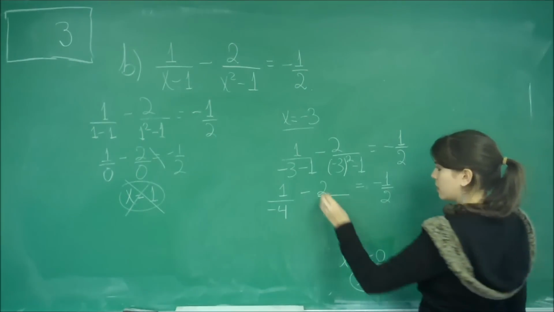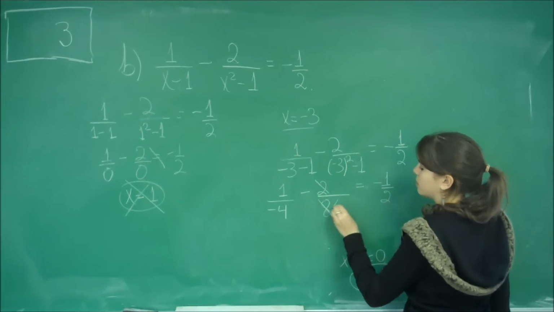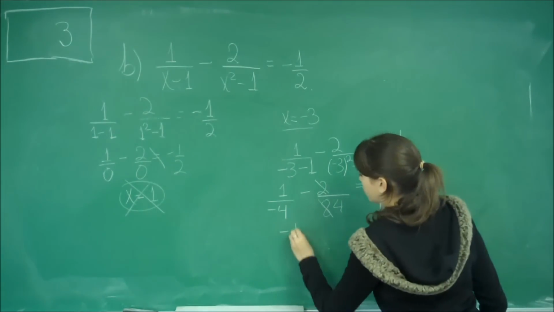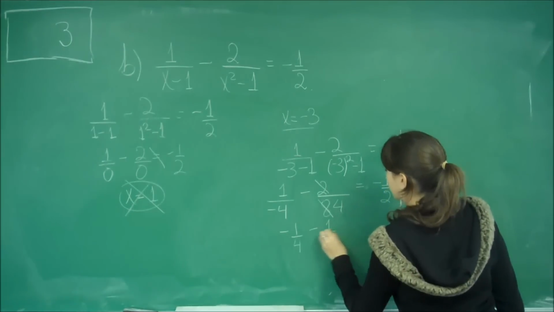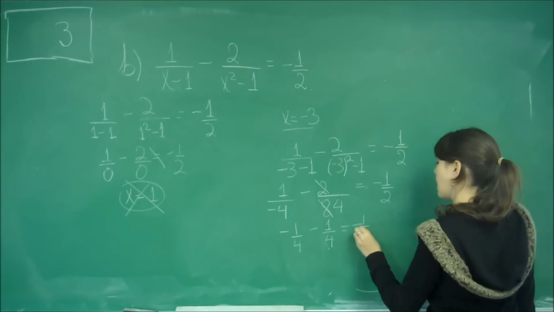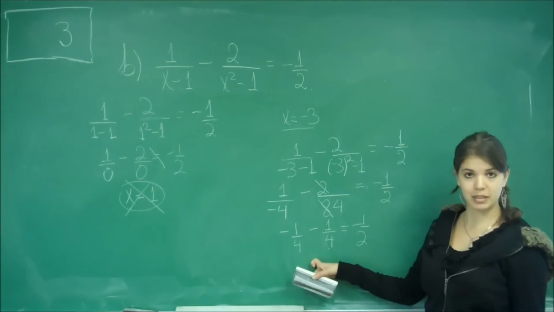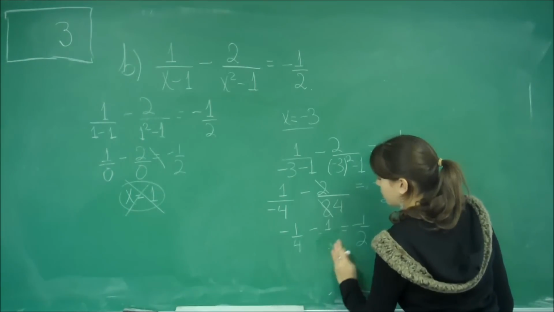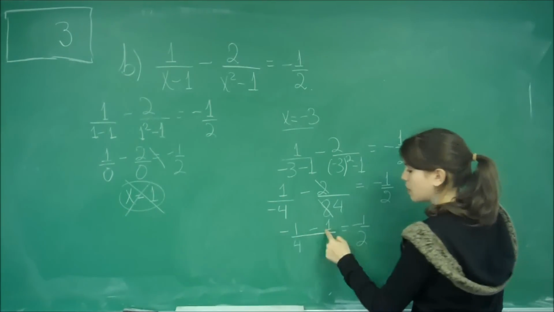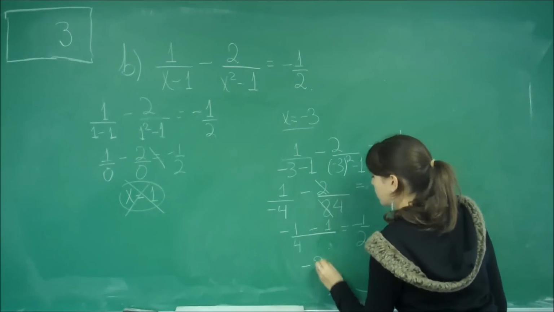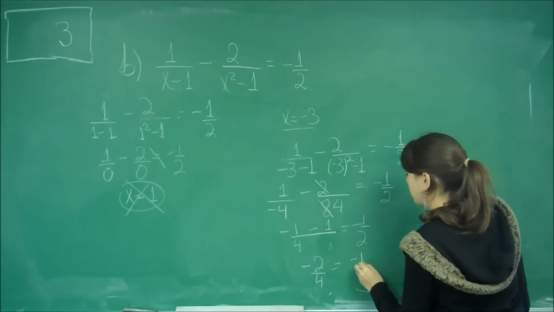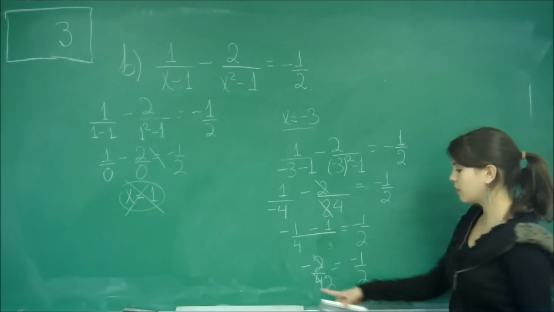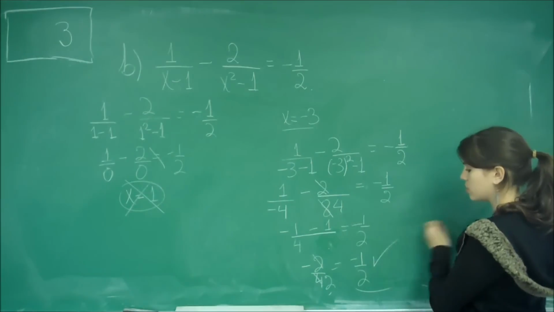Now we can cancel this 2 with one of the 2's in the 8 to convert it to 4, so that we get negative 1/4 minus 1/4 equals negative 1/2. Notice these already have a common denominator, so we can combine them: negative 1 minus 1 is negative 2 over 4, and if we cancel the 2 with one of the 2's here, we get negative 1/2 equals negative 1/2, which is correct.